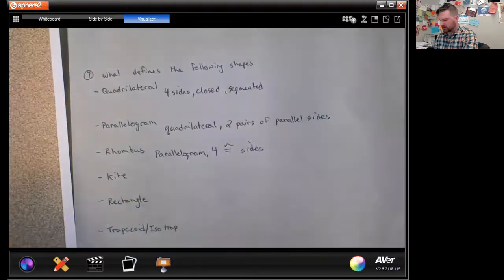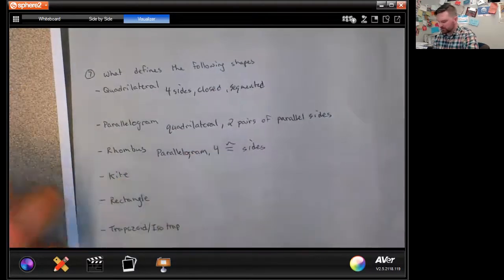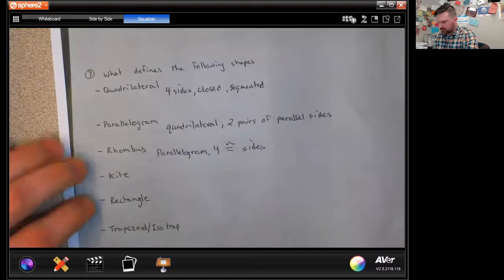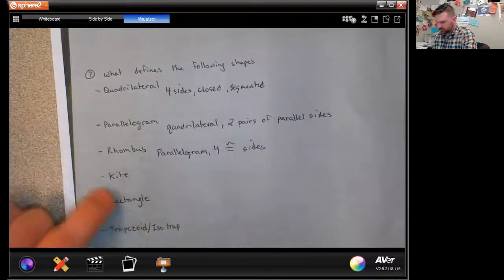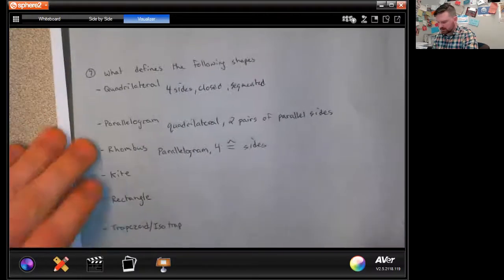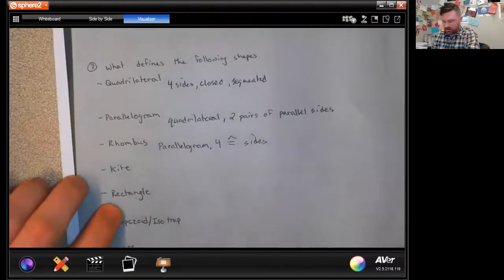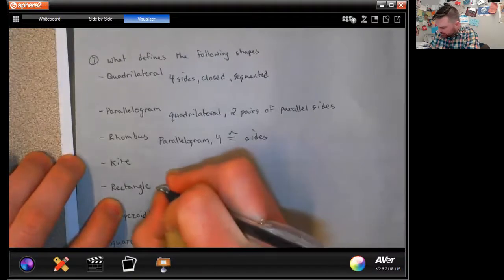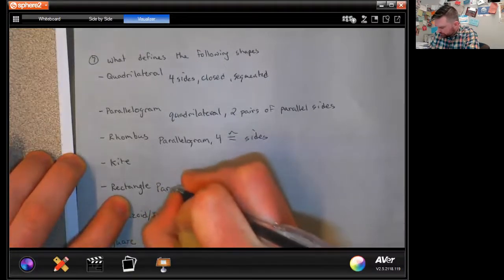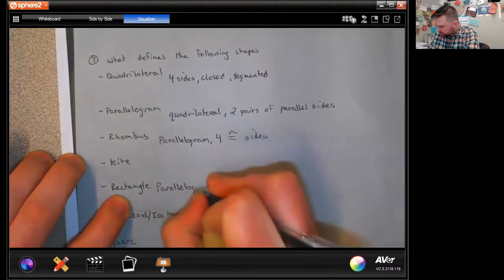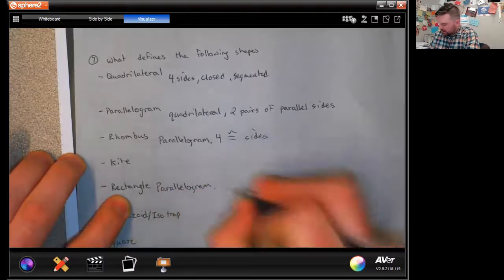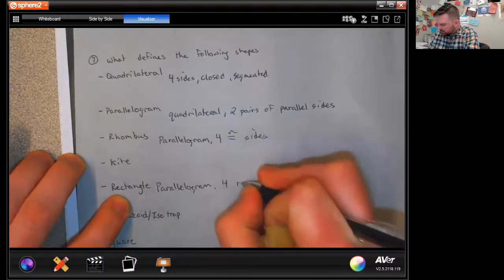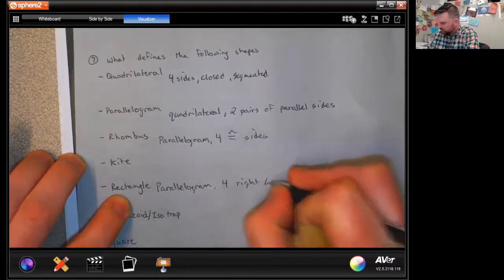Okay, so a rhombus is a parallelogram with 4 congruent sides. Okay, let's skip kite and let's go down to rectangle. Okay, a rectangle is a parallelogram. Okay, and it has 4 right angles.